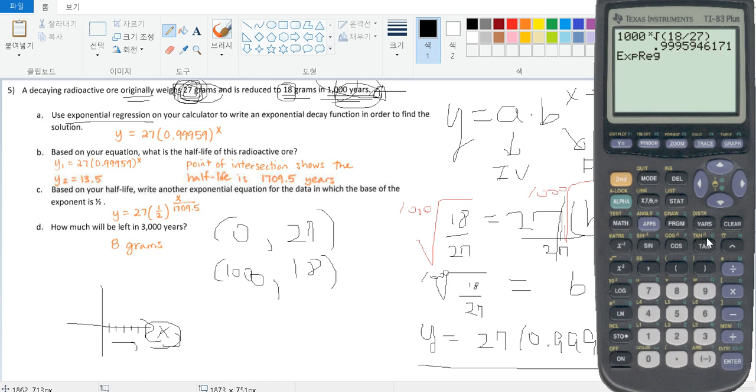Click on that, then go to vars, y-vars, function, and number 1, y1. So we find the exponential regression using this data plot, and it gives us all the values we need for this equation. Same thing: a value is 27, b value is 0.99959, and x is just a variable.